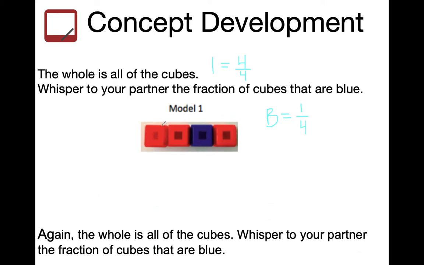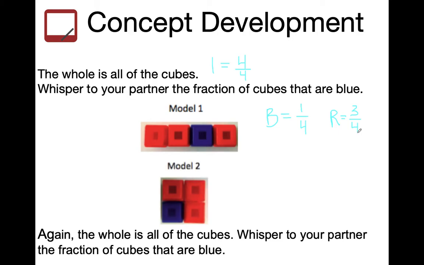So 1 out of the 4 is blue. Now, how many of them would be red? There are 3 out of the 4 that are red.